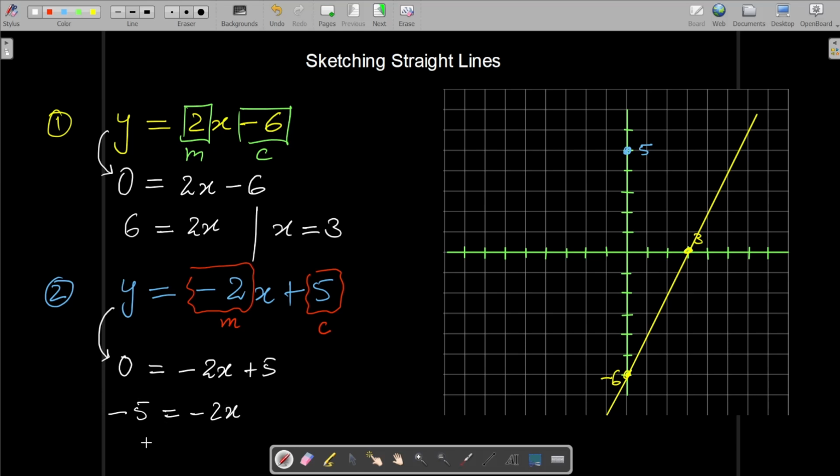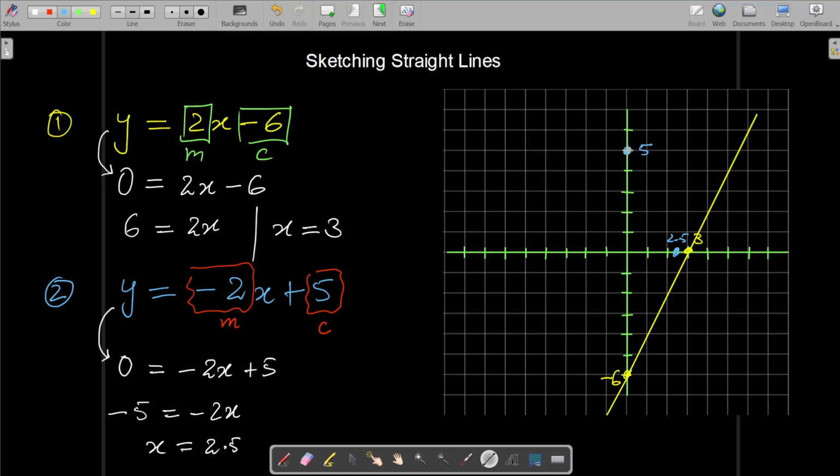Divide both sides by -2. So finally you get x = positive 2.5. Now all you need to do is mark this 2.5 on the x-axis, because this is my x-intercept. This is 1, this is 2, and somewhere here there will be 2.5.